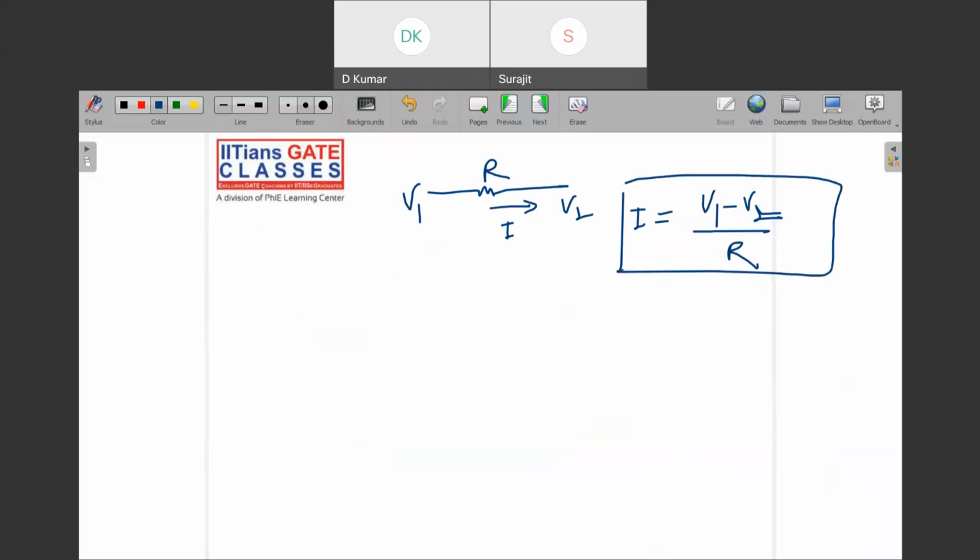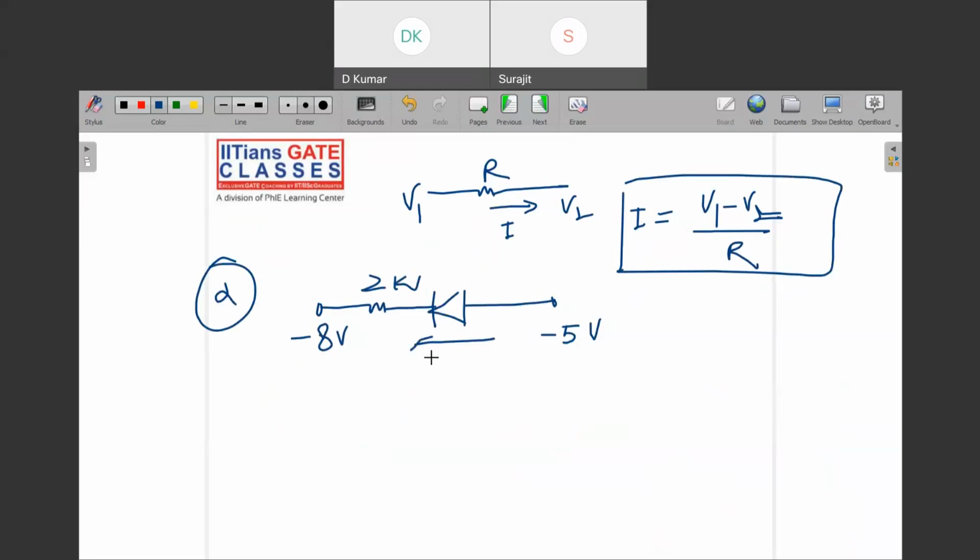Second question. Check whether the diode is forward biased or not and determine the current. Same heading, you have to check. This time the diode orientation is different. This is minus 5 volt and this is 8 volt and this is 2K. Surajit, please tell me what the current shall be here.